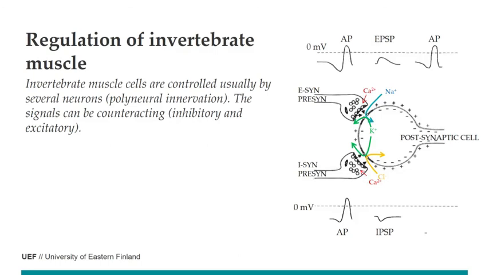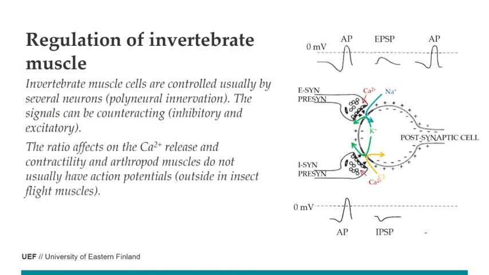And so they are usually controlled by several neurons, and in some cases they can have these two different kinds of signals. If there are enough excitatory signals, then there will be calcium release and contraction.